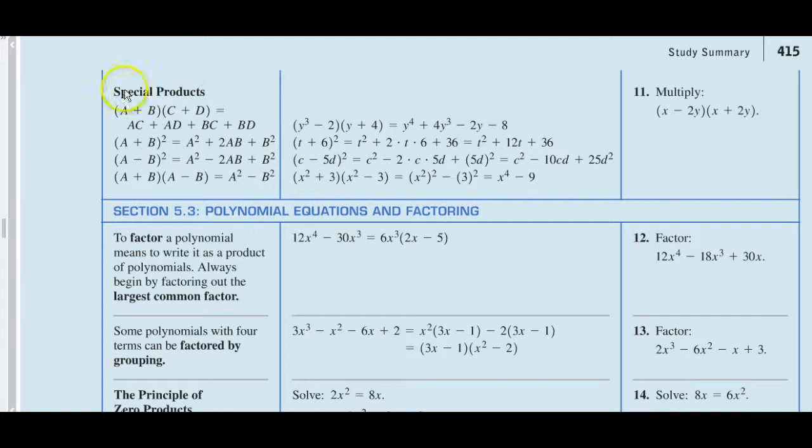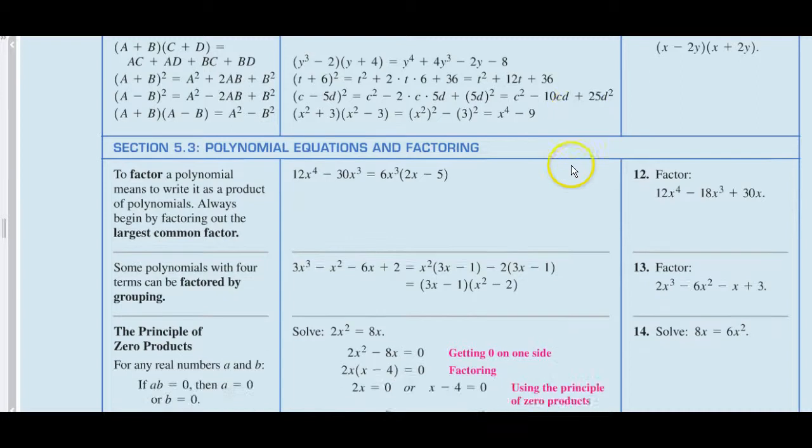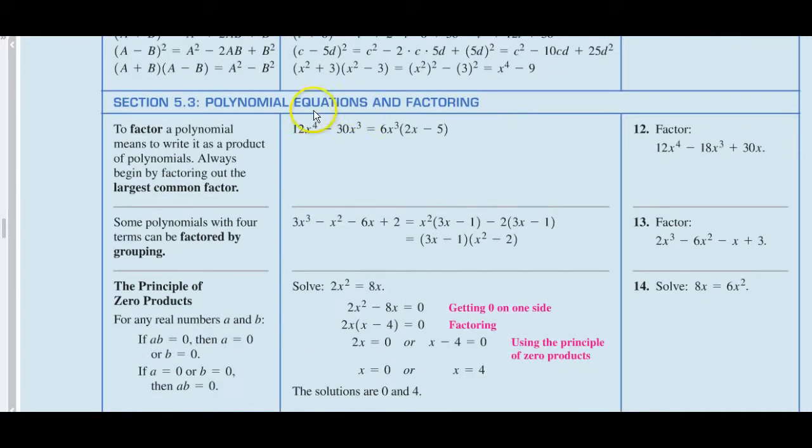All right, we had some special products. We talked about the FOIL. We talked about squaring binomials, if one was positive, one was negative, and then multiplying conjugates. Then we talked about solving equations. What was the technique?